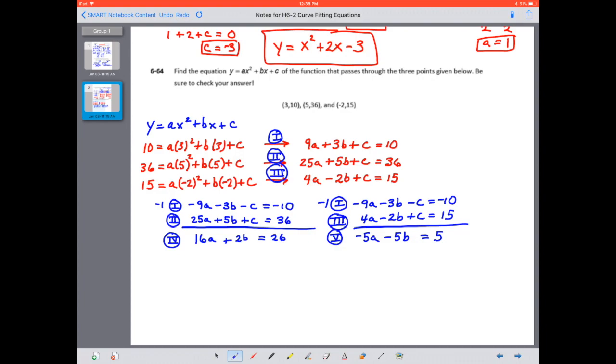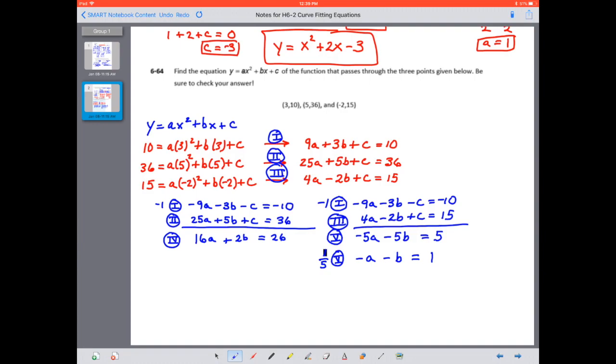Now you've got to figure out a way to eliminate between 4 and 5. Nice thing about equation 5 is they're all 5s. So we know that this is divisible by 5. And if I divide everything by 5 here, I would have 1s for my coefficients. Then I could easily multiply it by 2. So let me show you here. You could do 1/5 times equation 5 and get negative a minus b equals 1.